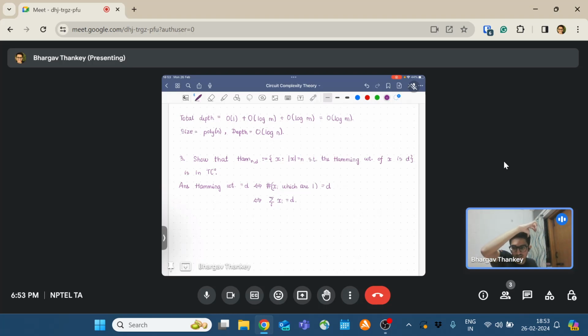Now, how can we convert this into a threshold gate? We can choose a1 to an as 1 and theta as d. That would output one whenever the Hamming weight is at least d. But we want exactly d, so both greater than or equal to and less than or equal to.